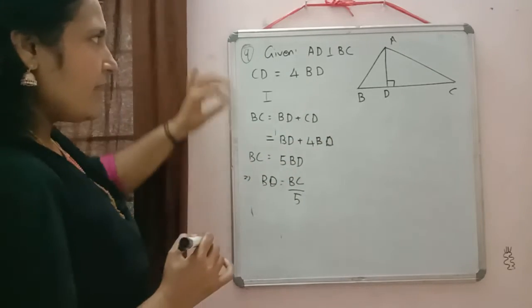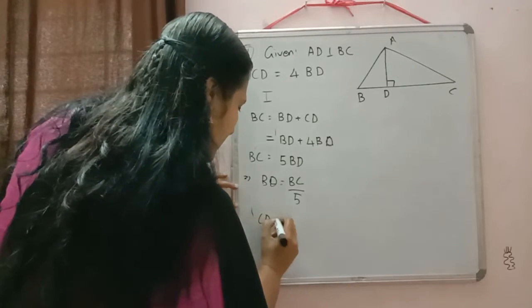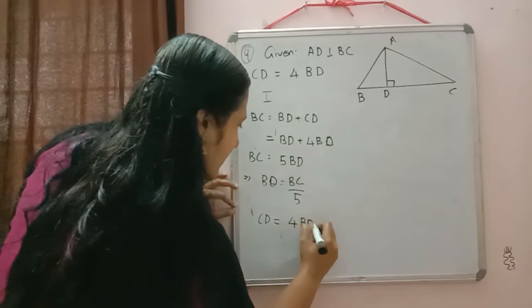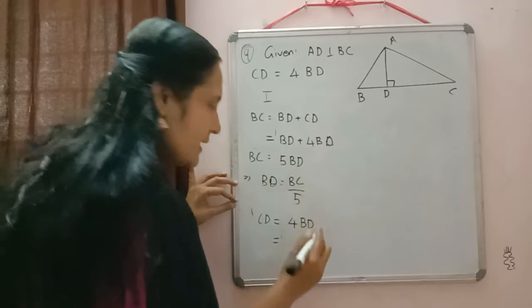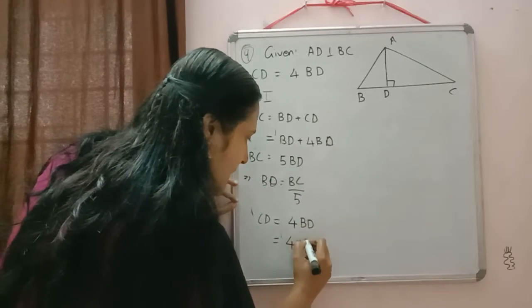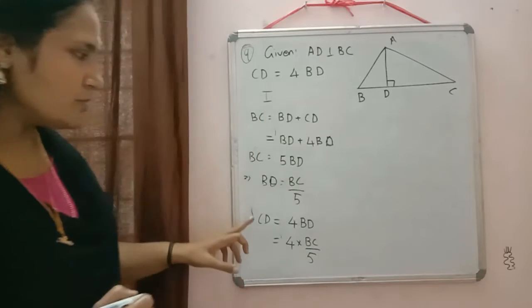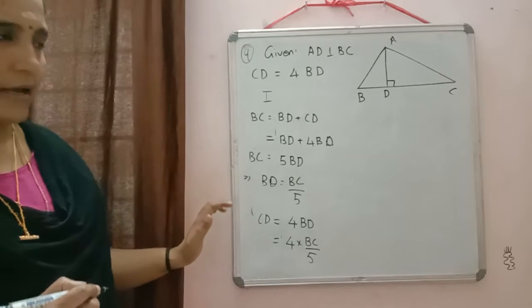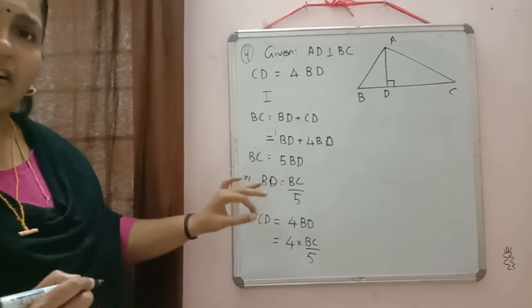In the same way, I will convert CD also in terms of BC. Already given in the question, CD is equal to 4 into BD. And just now we proved BD is equal to BC by 5. So in place of BD, we can write BC by 5. So CD will be equal to 4BC by 5. So both BD and CD we converted in terms of BC.